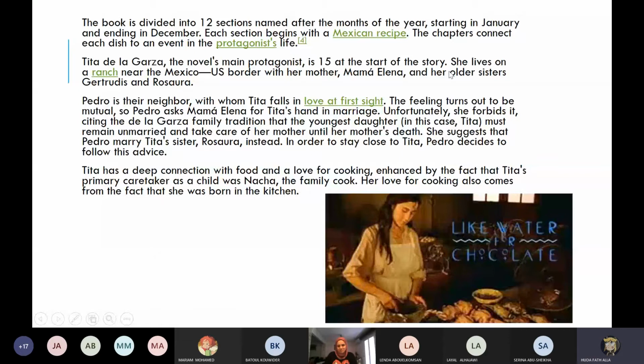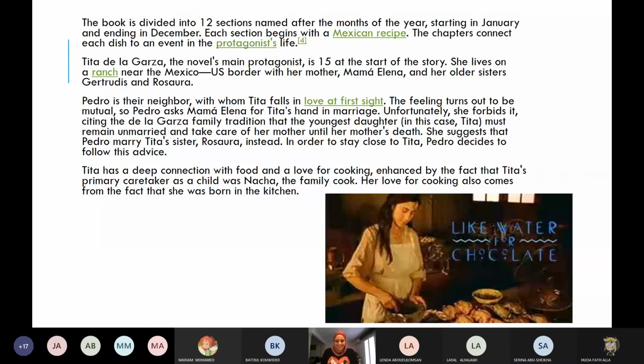So in the De la Garza family tradition, the youngest daughter, in this case Tita, must remain unmarried and take care of her mother until her mother's death. So Mama Elena suggests that Pedro marry Tita's sister, Rosaura, instead, in order to stay close to Tita. Oh my God.